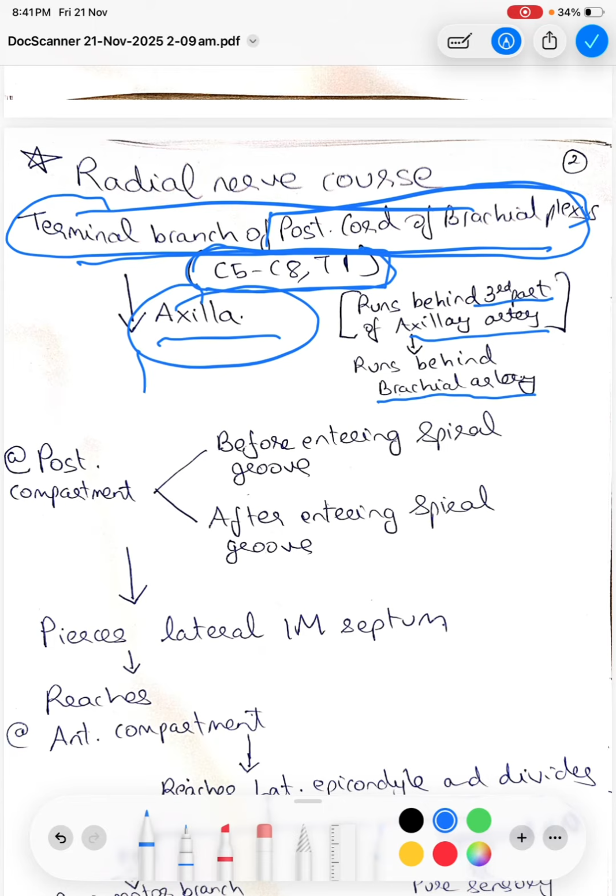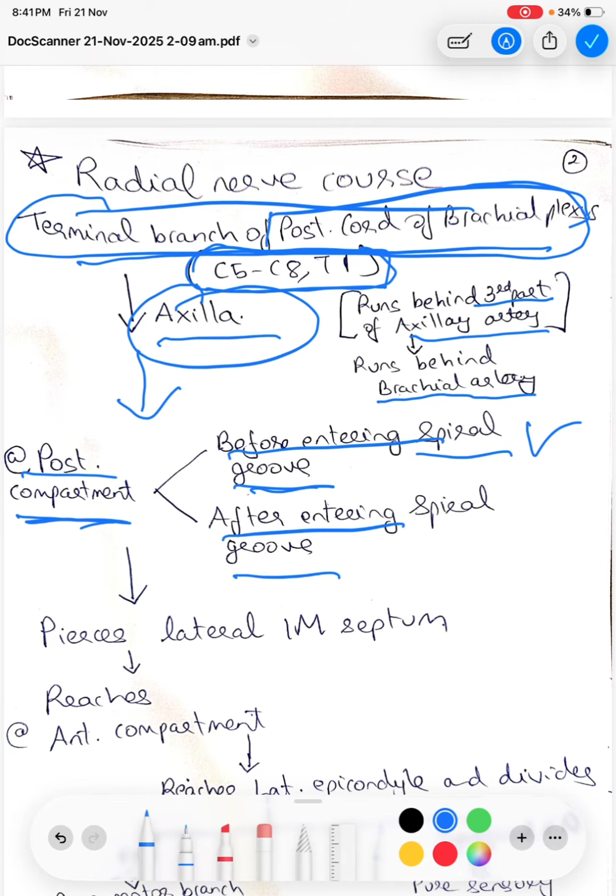Now when it enters the arm in the posterior compartment, it enters into the spiral groove. So we'll understand the anatomy before entering the spiral groove and after entering the spiral groove. Okay, so this is the course in the posterior compartment of the arm.